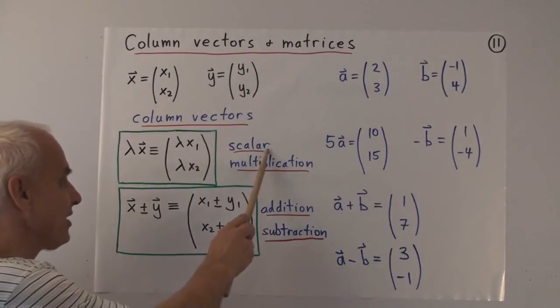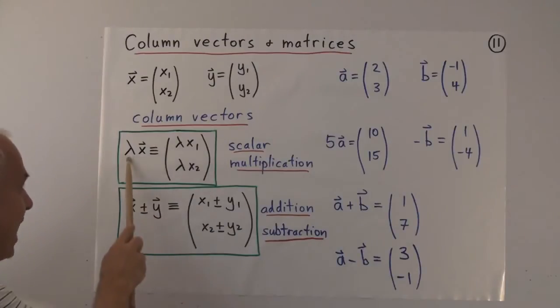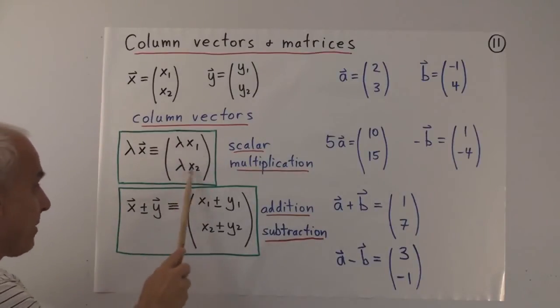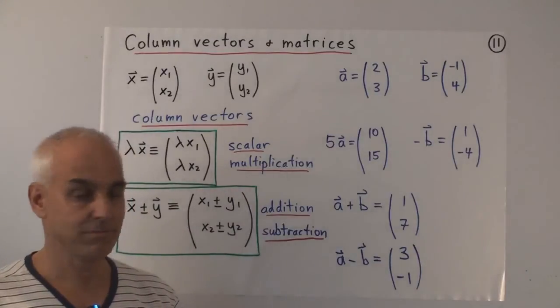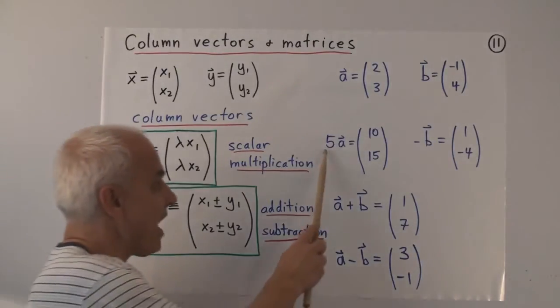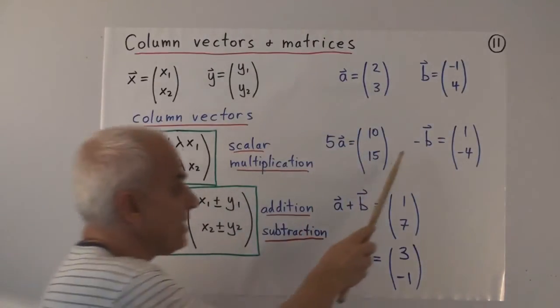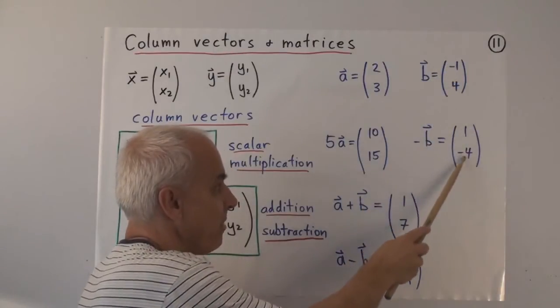One of them is we can multiply a column vector by a number. That's called scalar multiplication. So lambda times x is defined to be the column vector lambda x1, lambda x2. In other words, we just multiply each entry by lambda. So for example, 5a is 10, 15. Minus b, just multiply each of the entries by minus 1, so 1, minus 4.